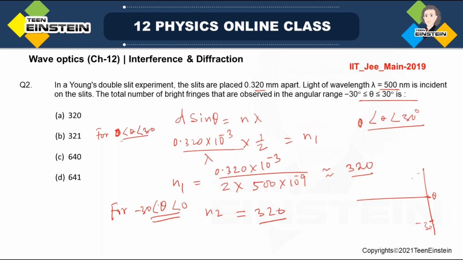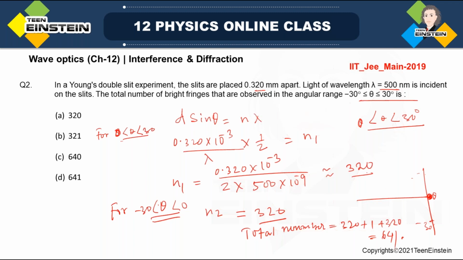So there will be the central bright fringe and the fringes on both sides. So the total number of fringes observed in this range will be 320 plus 1 plus 320, which is 641.